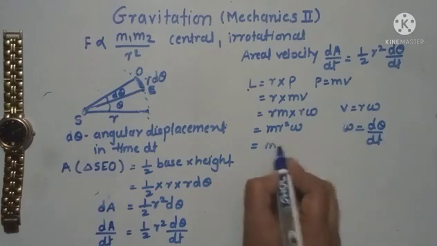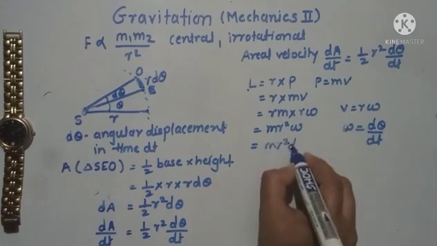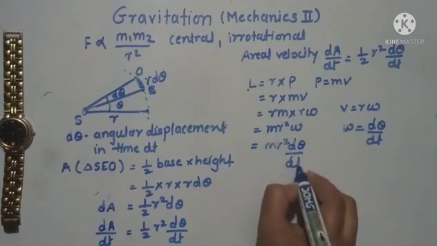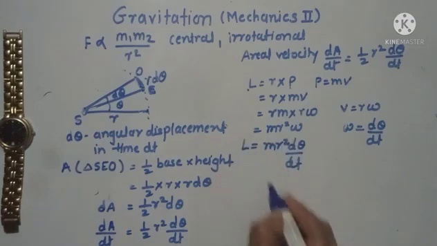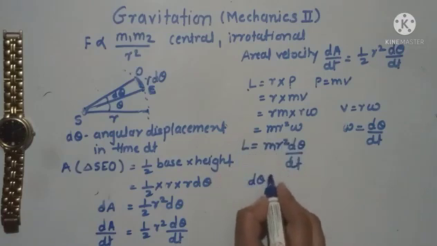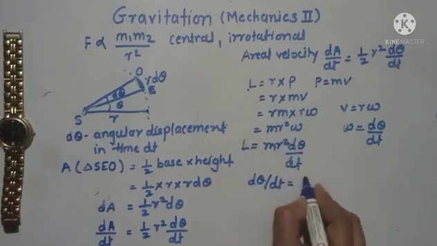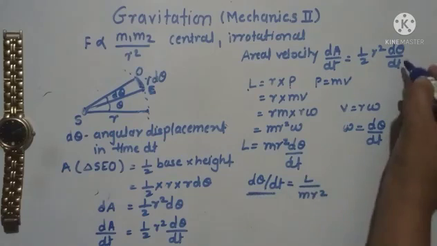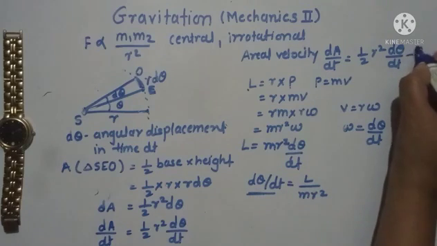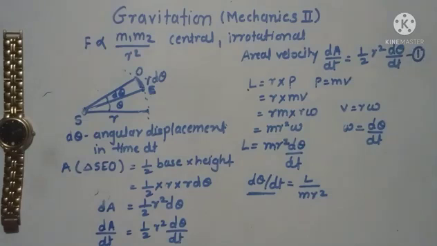So let us put the value of omega as d theta upon dt. So d theta upon dt can be written as L upon m r square. Let me call it equation number 1.